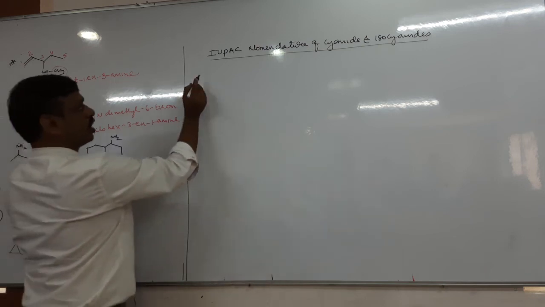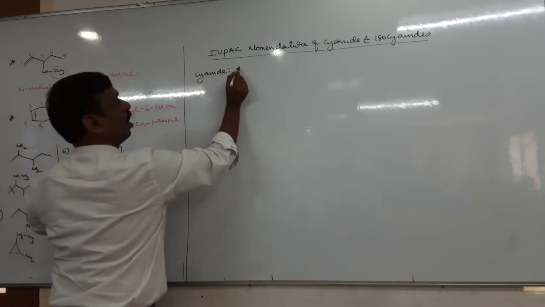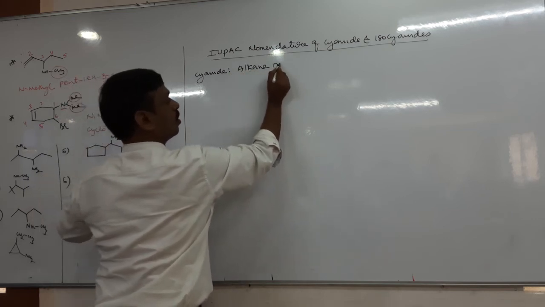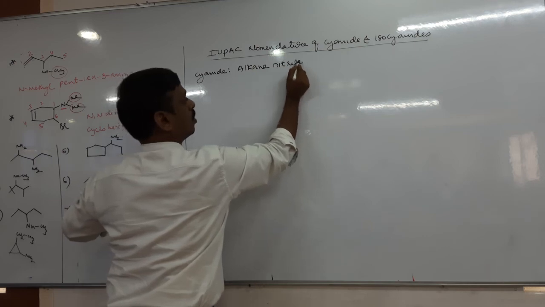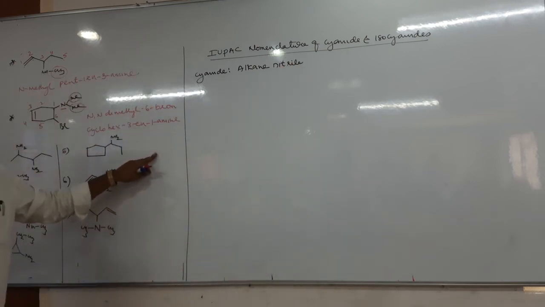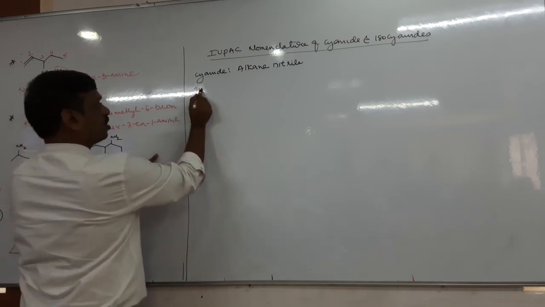Tell me. So what is the IUPAC name of cyanide? Alkane nitrile. Alkane nitrile. Not alkyl, alkane. What is the IUPAC name of isocyanide?